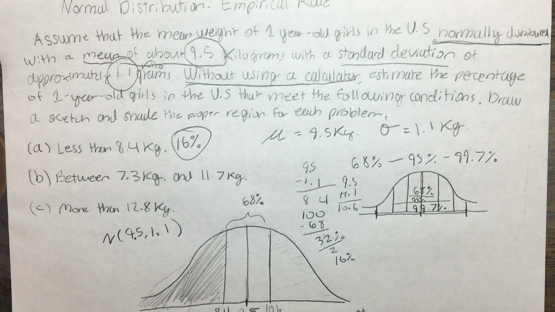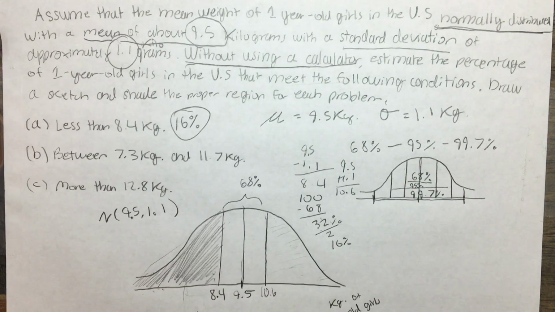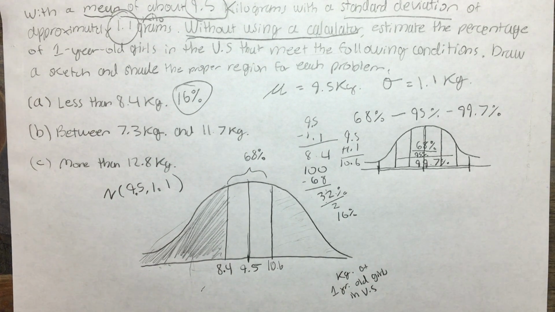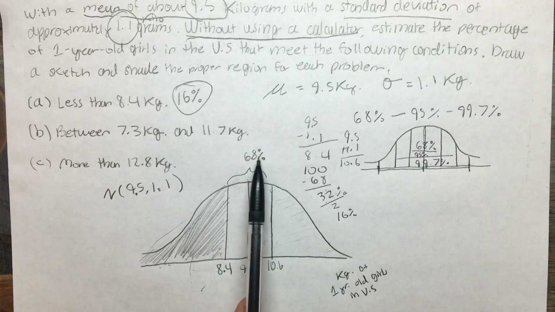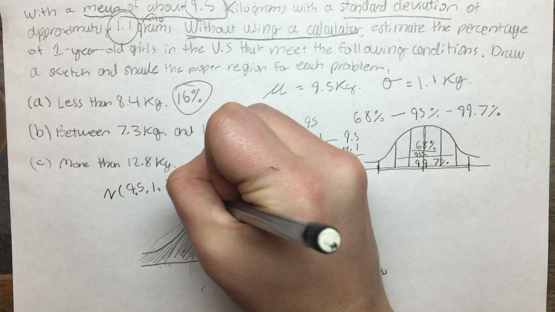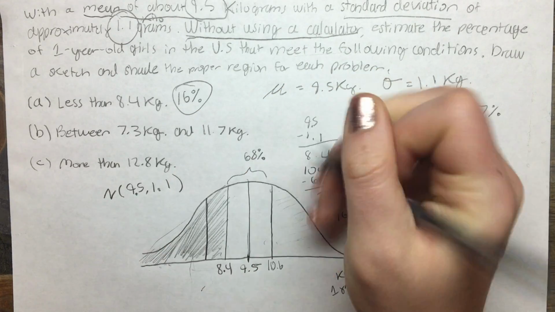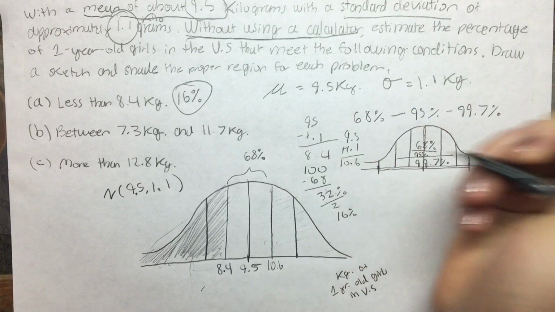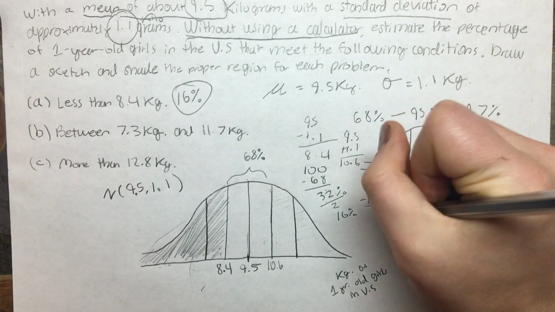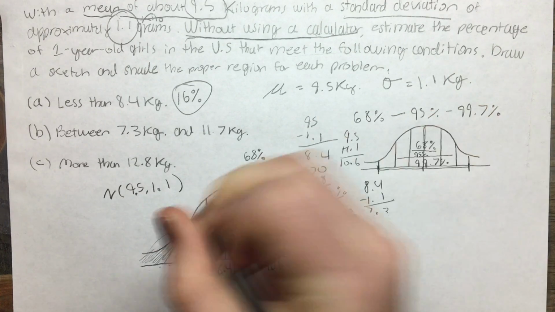And for space, I'm going to keep using the same model. So between 7.3 kilograms and 11.7 kilograms. Now I'm going to make another standard deviation. So this is 2 standard deviations away now. I do 8.4 minus 1.1, and I get 7.3.